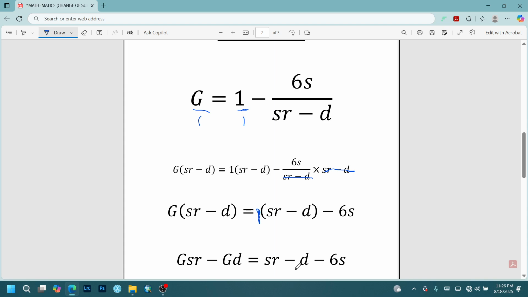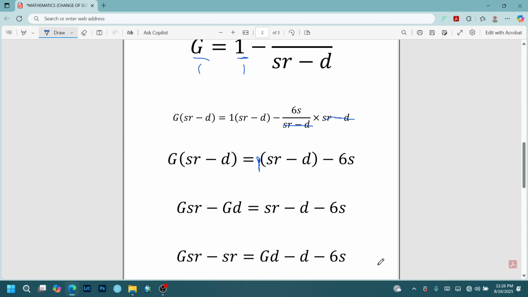So that's how come we had a negative D. So positive 1 multiplying negative D will give you a negative D, right? Then minus 6s. So we have our equation to be JSR minus JD equals SR minus D minus 6s, right?